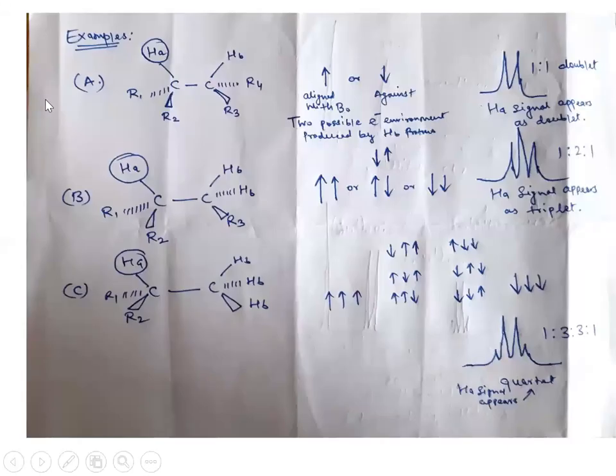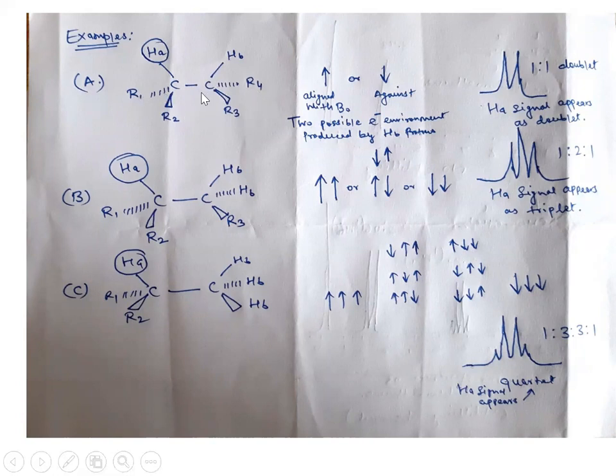Now, here are some examples. This is A type of proton because this proton is in close proximity to R1 and R2. These are the substituents present on the carbon atom. And this is B type of proton, present in close proximity to R3 and R4 substituents present on the carbon atom.